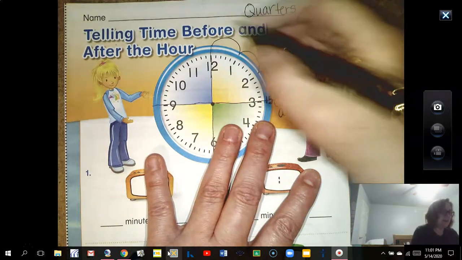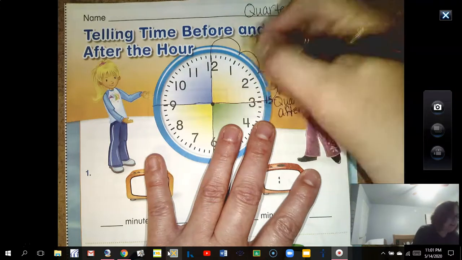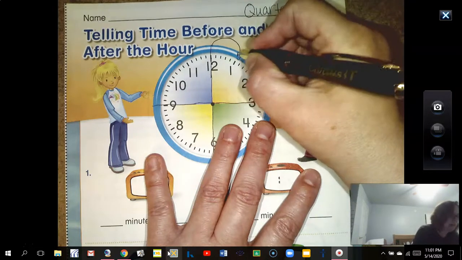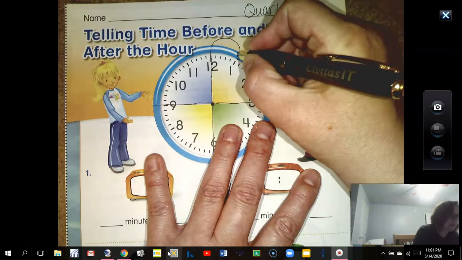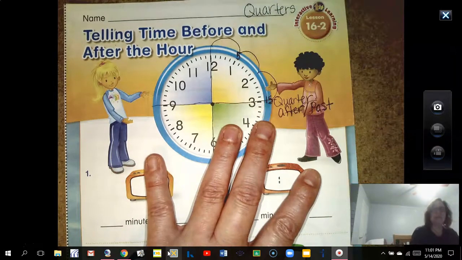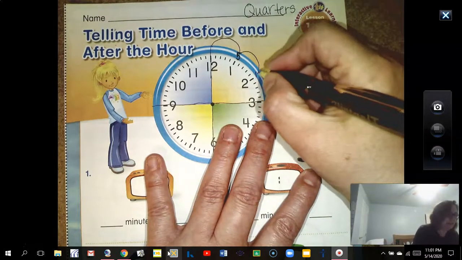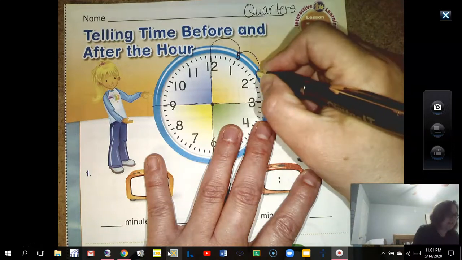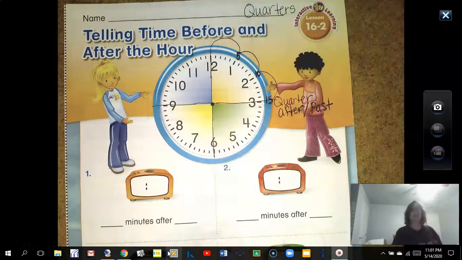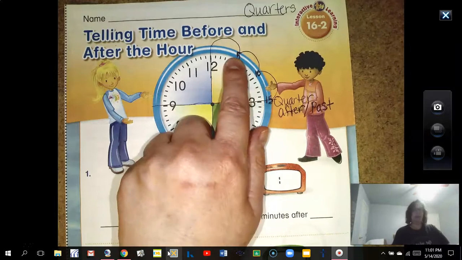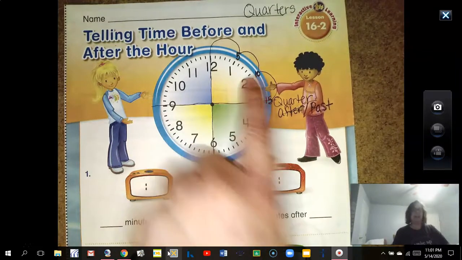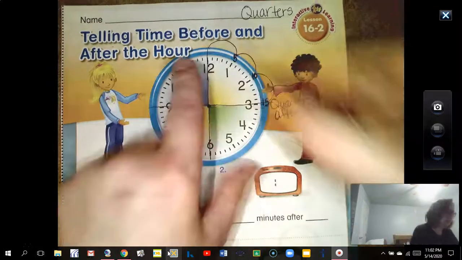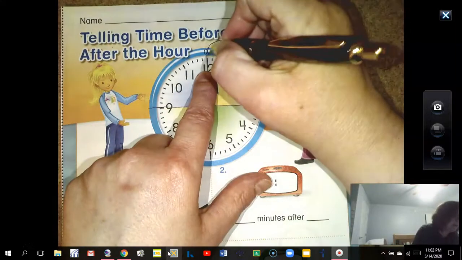And this would have been 5. We'll put a 5 here. And this is 10. And I know this was on our clock in the classroom as well. So we have 5, 10, 15. Up here, it's 0.